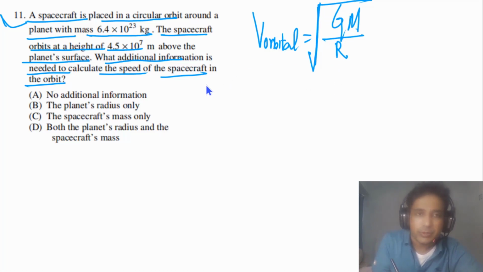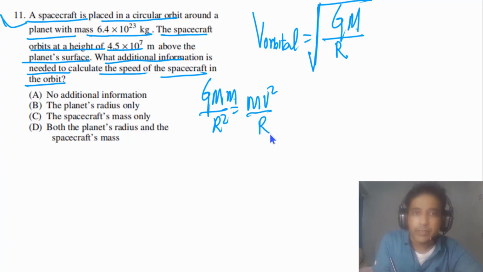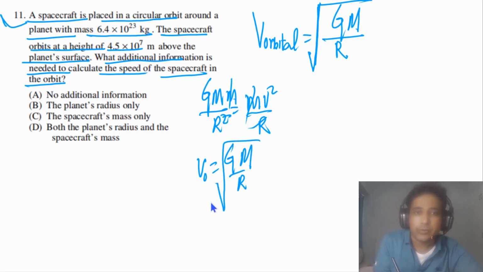You can simply use Newton's law of gravitation, G capital M small m over r squared, which is equal to m v squared divided by r. So this small m we can cancel, and one r we can cancel. So v simply is equal to the square root of G capital M divided by r. So this is how you can calculate orbital speed.